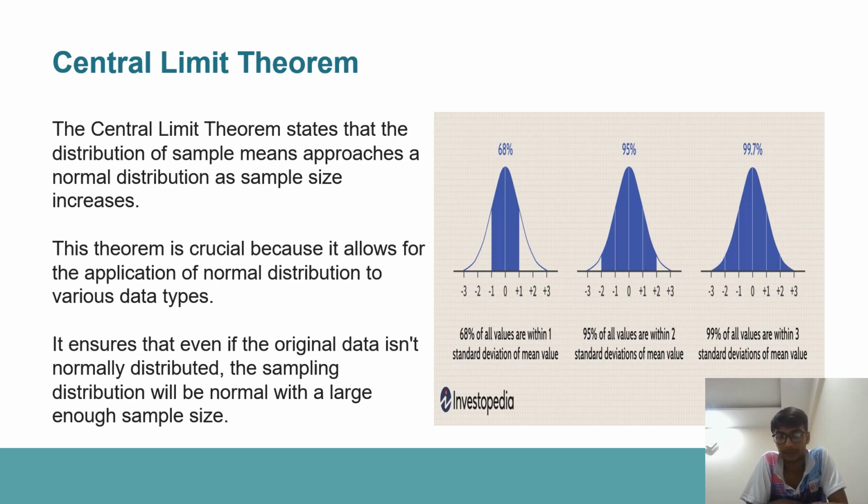Here we can see the example where 68% of all the values are within one standard deviation of the mean value, 95% of all values are within two standard deviations of the mean value, while 99% of all values are within three standard deviations of the mean value.